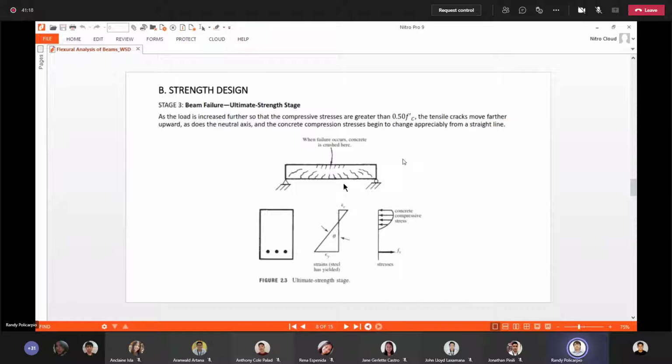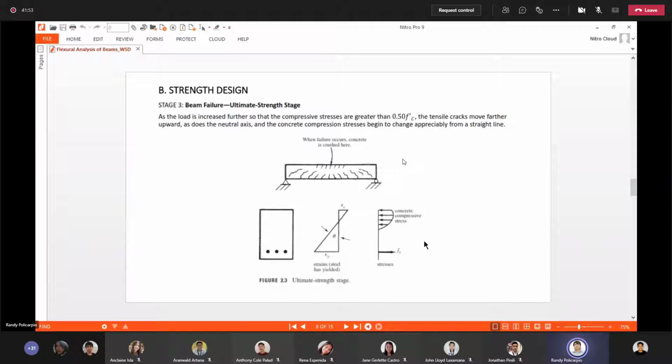Okay, so here cracks will occur at the compressive side of our beam, and the cracks at the bottom will go up further. Kaya lalong liliit, or we can say yung location ng neutral axis nating lalong tataas, as shown here dito sa ating strain diagram.